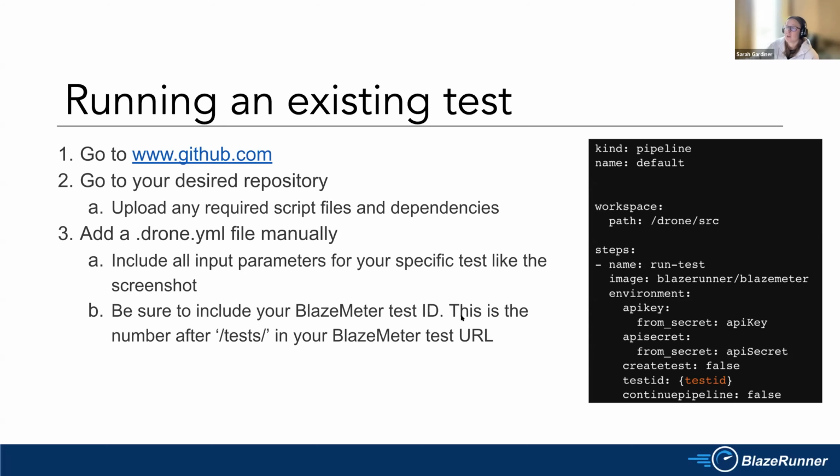Then you've got your Drone YAML file, and you have to include any input parameters you want. This is a pretty simplified one. There are a bunch of optional parameters you can add if you want. But once you have the required bits, all you really need is that BlazeMeter test ID, and you can kick it off.